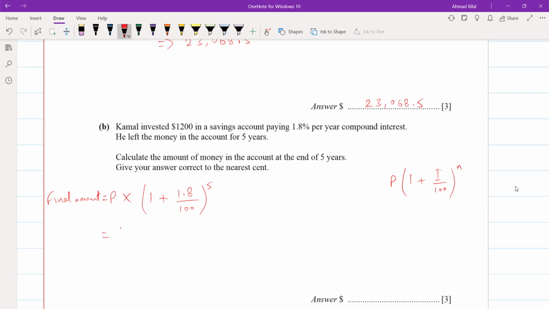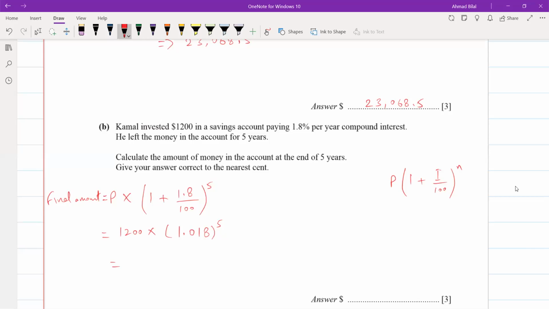So that principal is 1200 multiplied by 1 plus 1.8 divided by 100. That's just 0.018, so it comes to 1.018 whole raised to power 5. Just evaluate this and you see what you get.